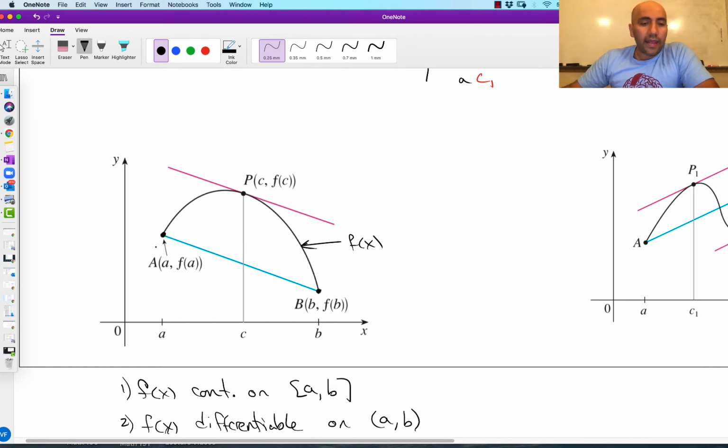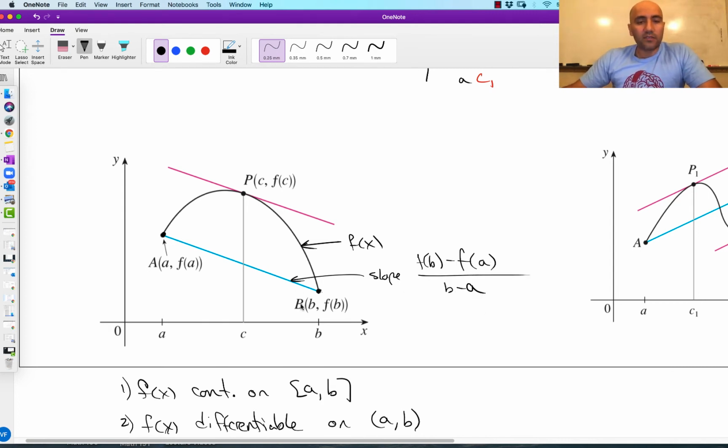Good. And now if we think about the slope of the line segment that connects these two endpoints, well, that would be the slope of this blue one. The slope is equal to f of b minus f of a all over b minus a, right?